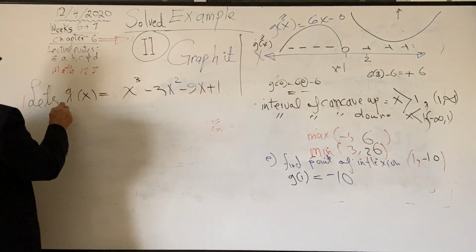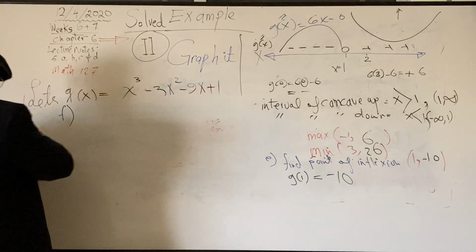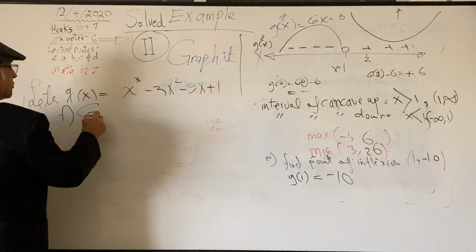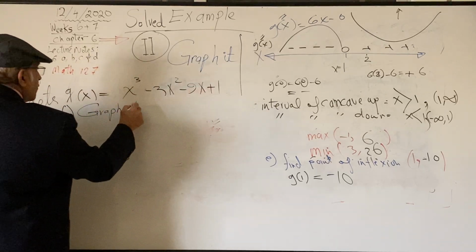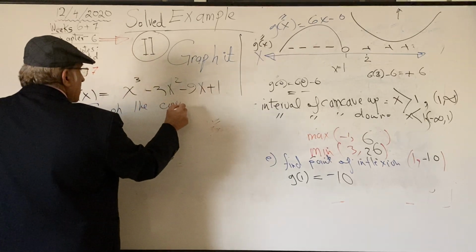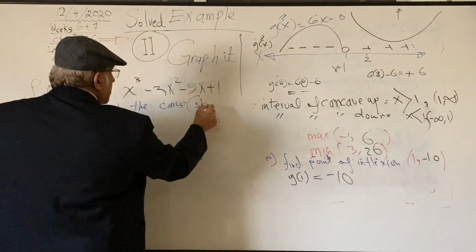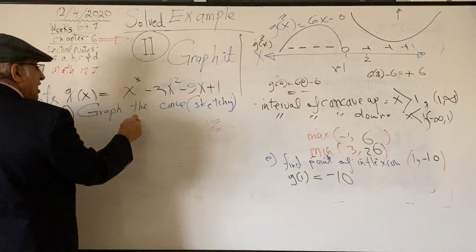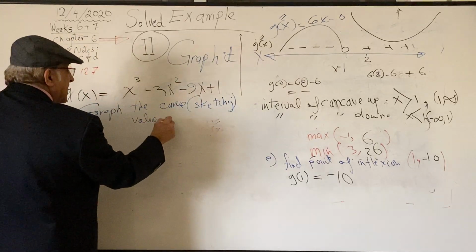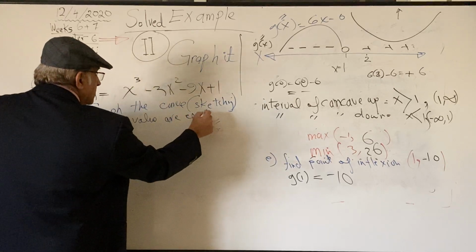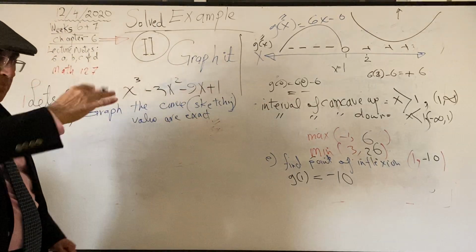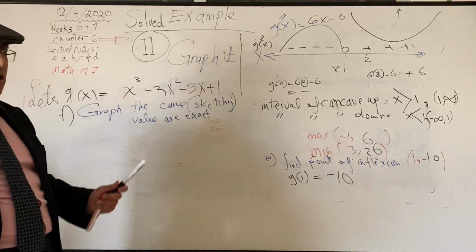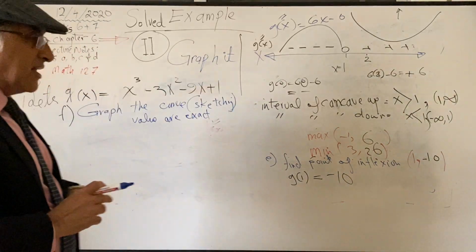So part F simply is graph the function, graph the curve. Don't forget, we are sketching, but values are exact. Some people have their hand like this, some people are smooth with curves. It doesn't mean you're not good, but you are giving the right answers.